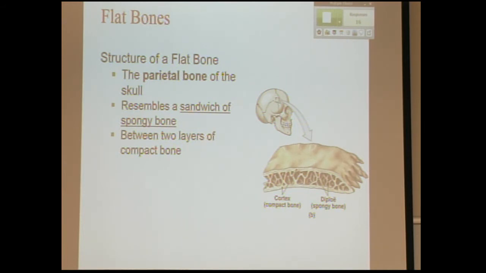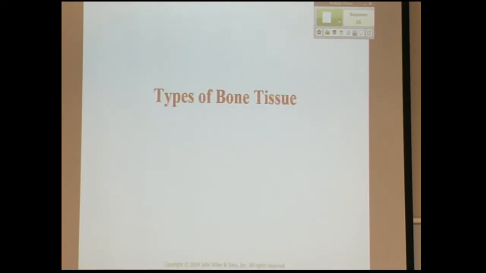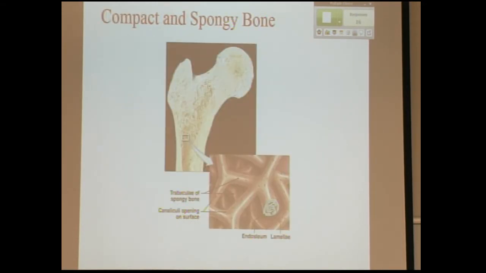Like if you had a bunch of columns on a building, there's people milling around between them. The people would be the blood vessels, and the columns would be the trabecula. Right. And then if you zoomed in, you'd see your trabecula, and then between here, all the blood vessels would be passing, and had the red bone marrow in it.